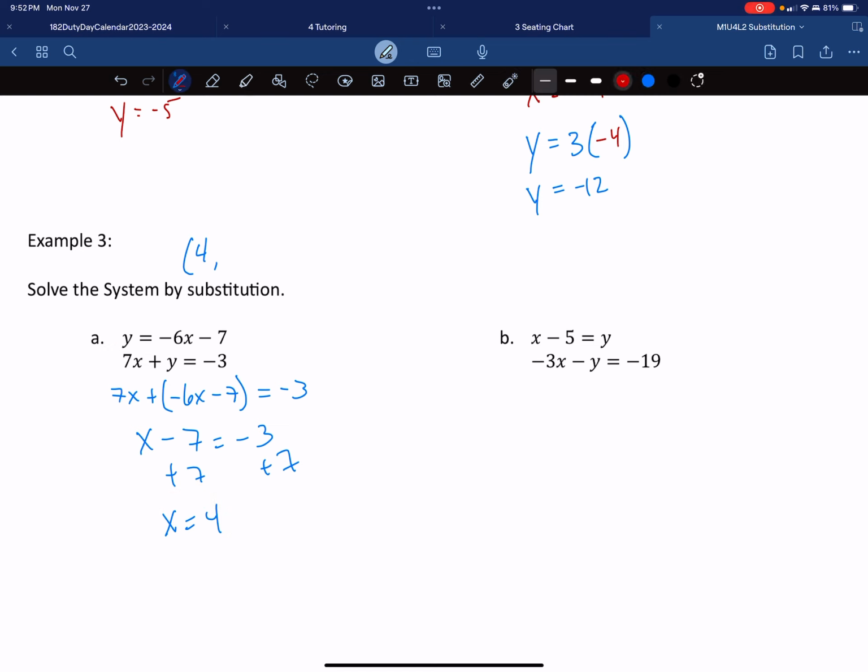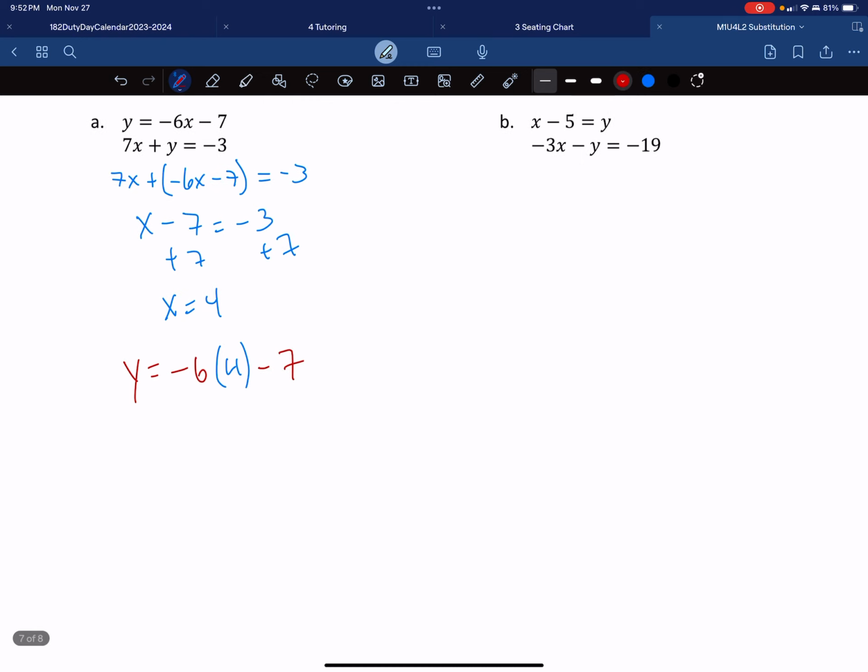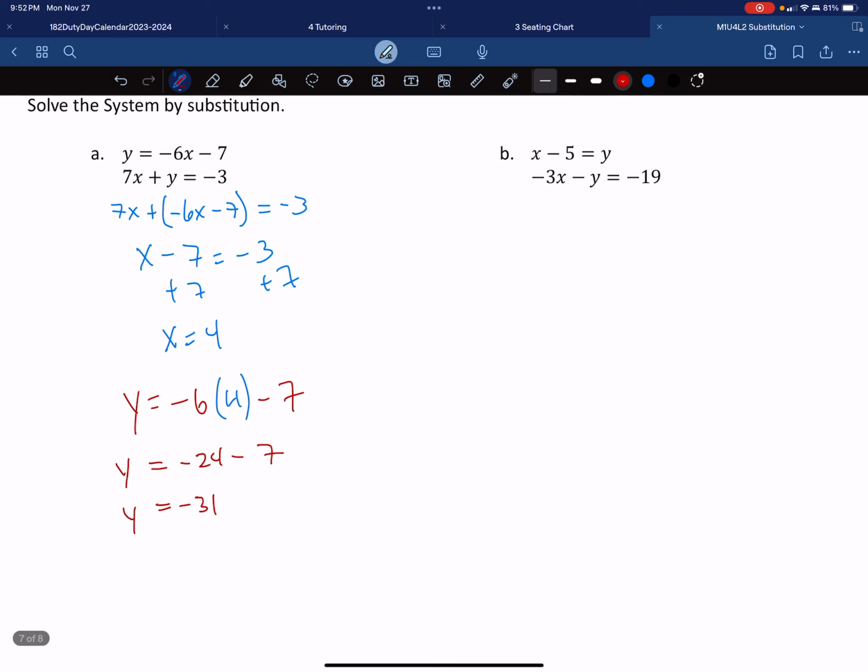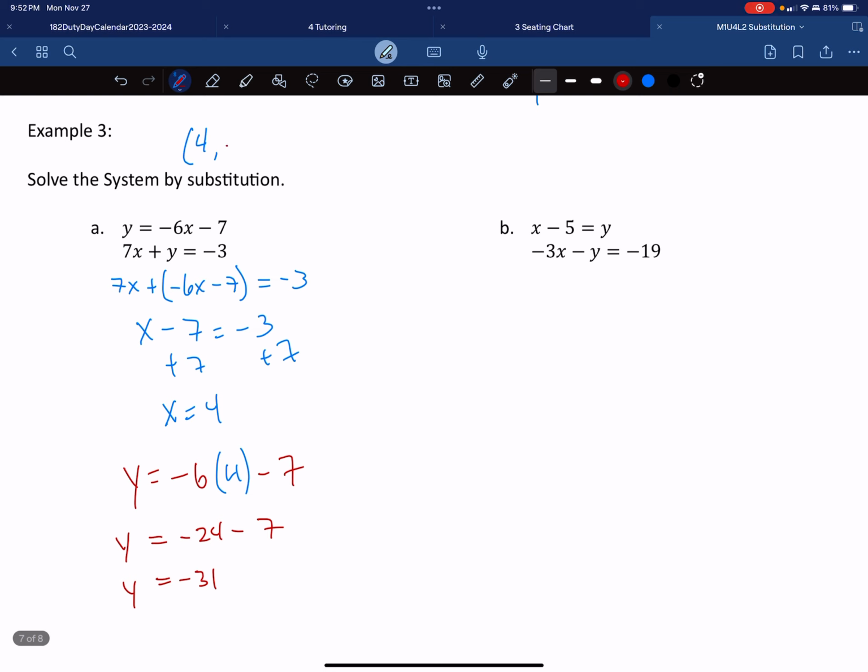So we're going to get y equals negative 6 times, we're not going to write the x, we're going to write 4, minus 7. Negative 6 times 4 is negative 24, minus 7. Negative 24 minus 7 is going to be negative 31. Go ahead and write that with your ordered pair. There's your answer.